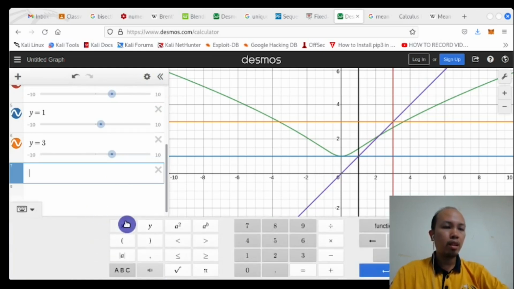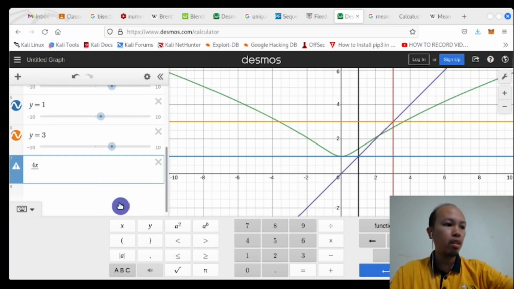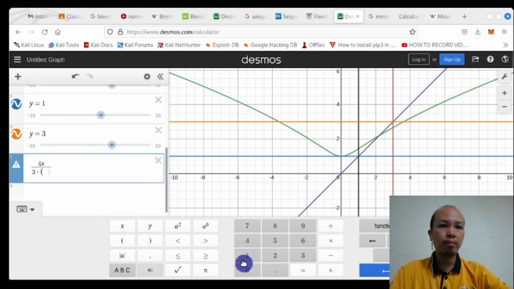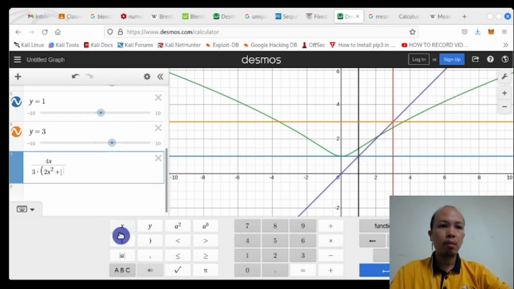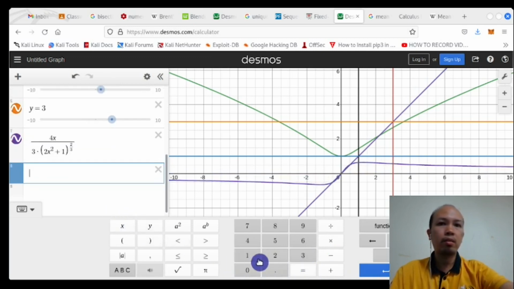So we know that the derivative function is just like this: 4/3 times the quantity 2x squared plus 1 close raised to the power of 2/3, 2 divided by 3. Okay, I think this is the one.